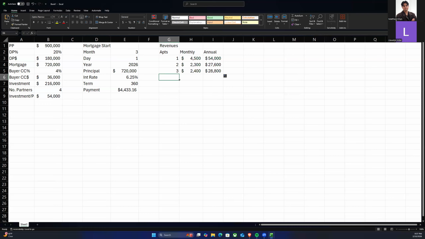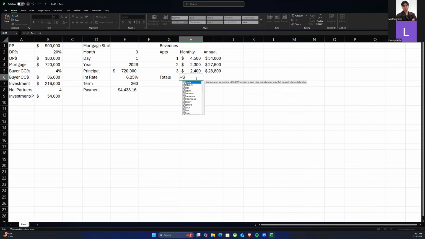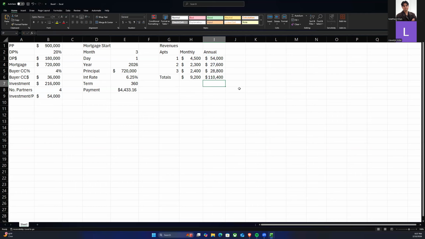So you can type in total and sum them up. Okay, so that's what we have as our scenario.